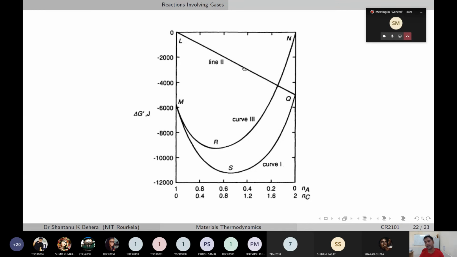As more C is formed, there is larger negativism, because the reaction itself is negative in energy. So exactly at the completion of the reaction, it's going to be −5,000 joules, because that's what is written, and at 500 Kelvin the ΔG of the process is −5,000.